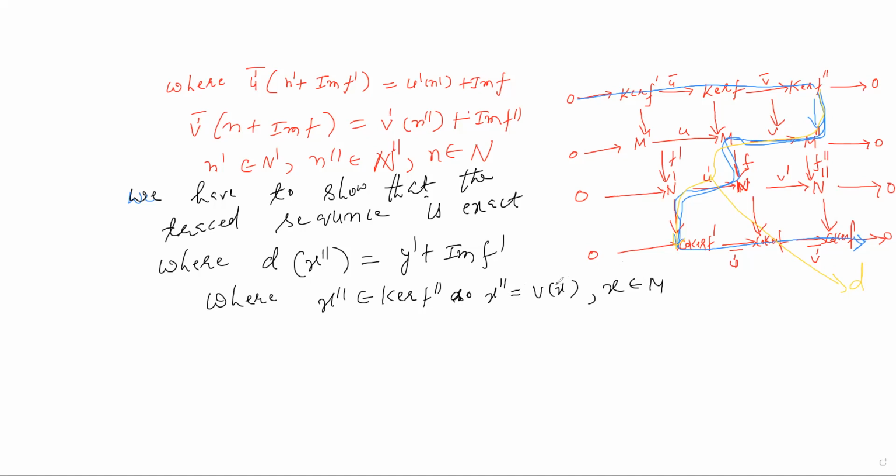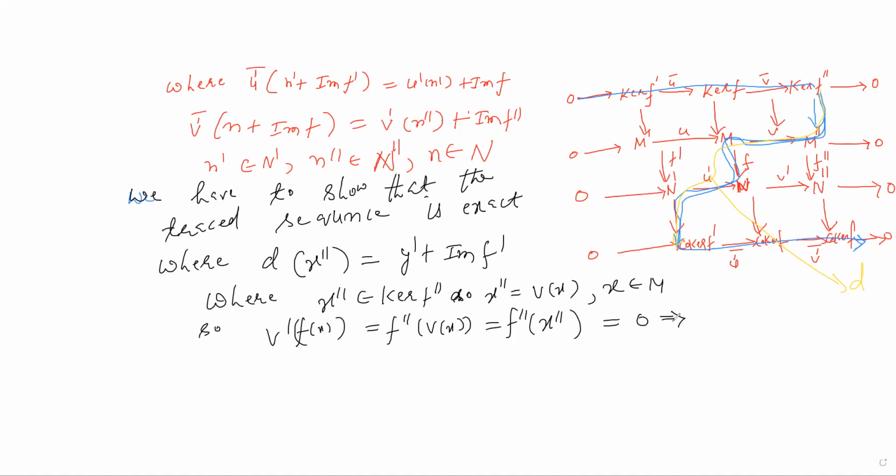Then v dash of f of x equals f double dash of v of x, which is f double dash of x double dash, which is equal to 0.